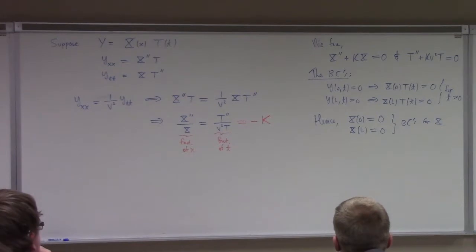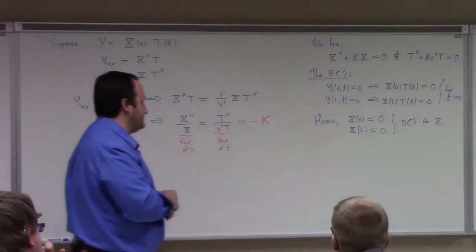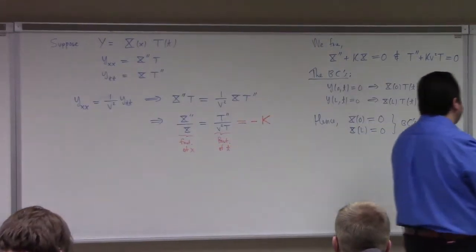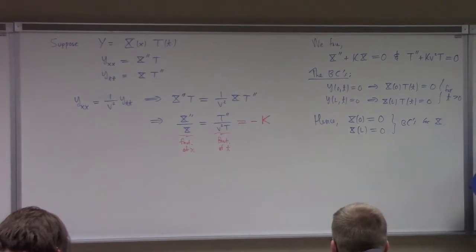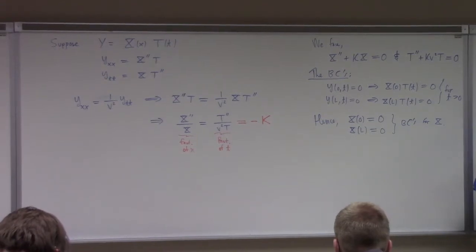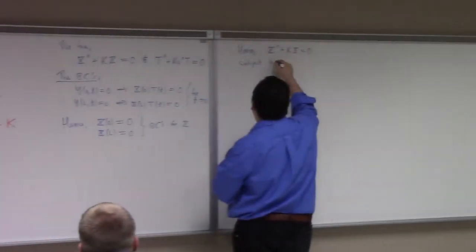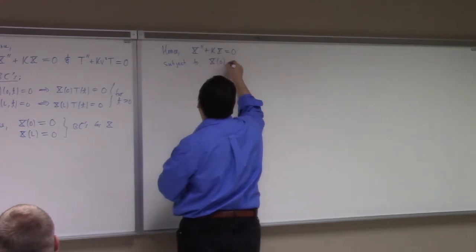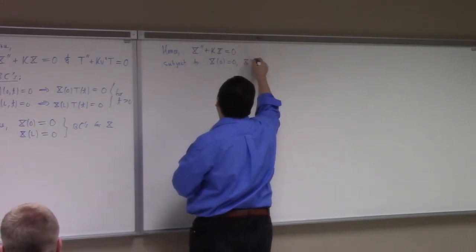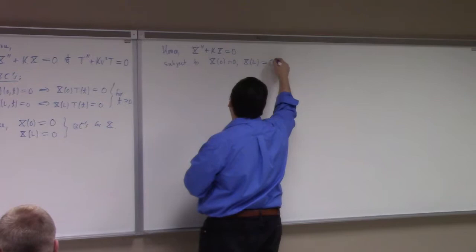So let's look at what we got. We're trying to solve x prime prime plus kx equals 0, subject to x of 0 is 0, x of L equals 0.